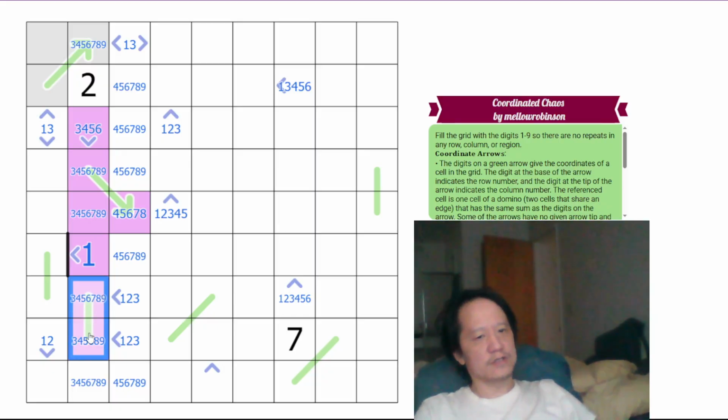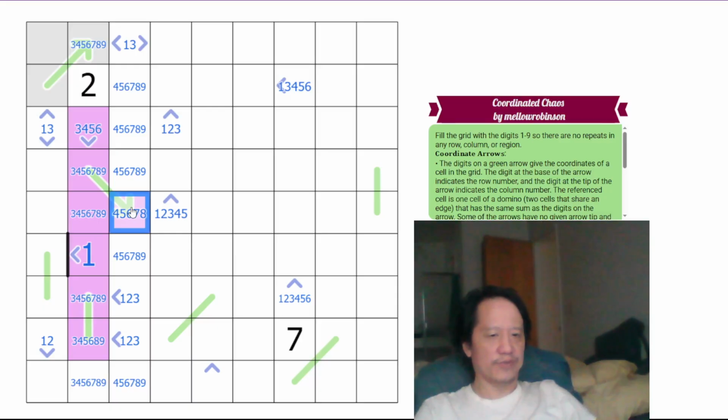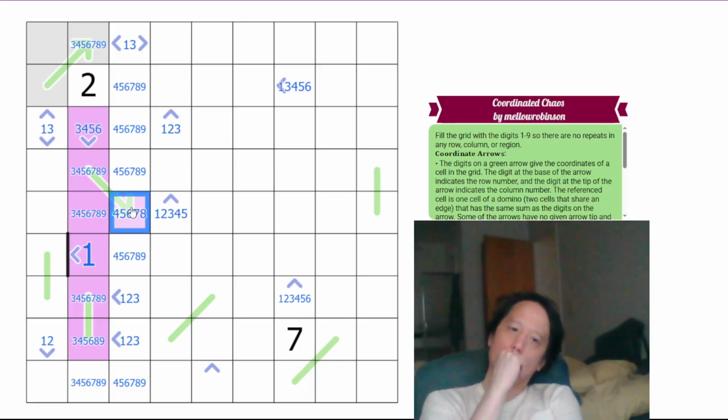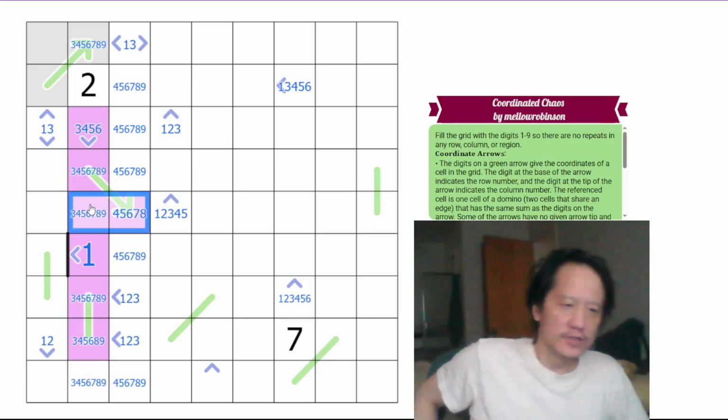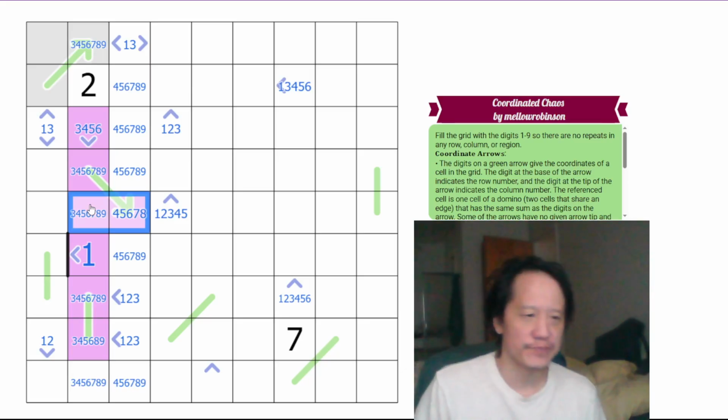Though I guess this could be column 3, right? And the domino is that way? So maybe that is possible?